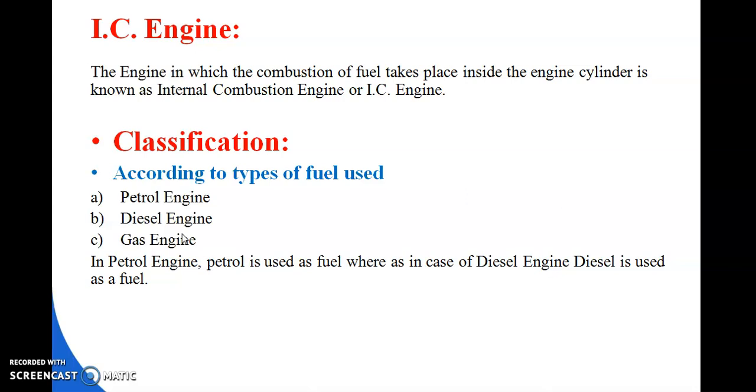Besides this, there is a very important application of this engine. These engines are used for power generation. We are using the diesel power plant, which is mainly used for standby units and for emergency purposes. In diesel power plants, mainly we are using diesel engines.